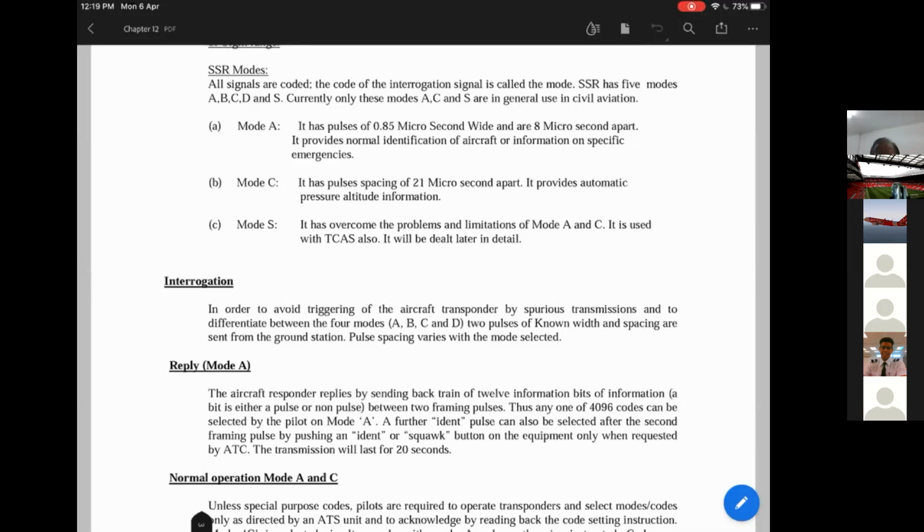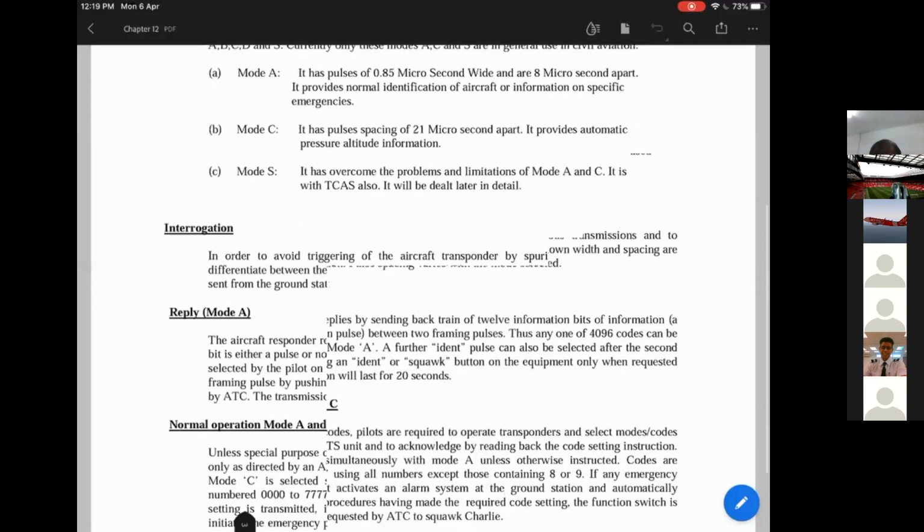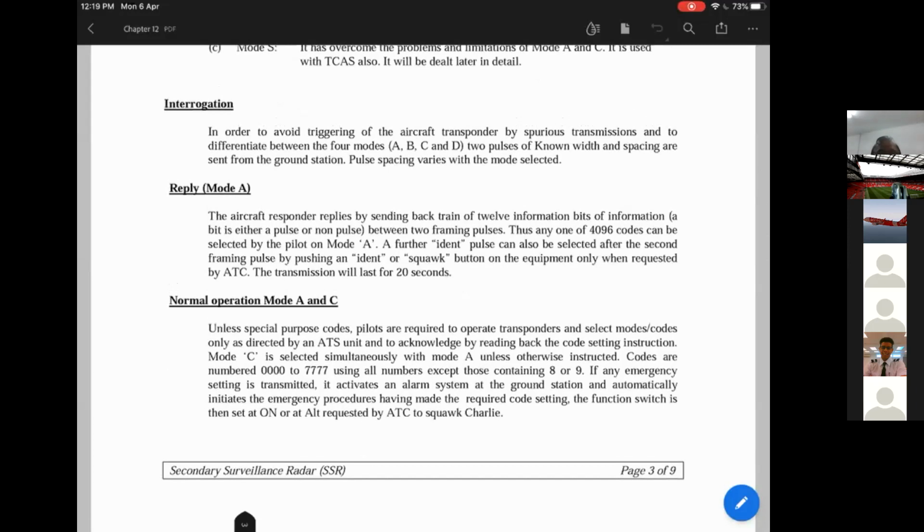You should have a question. Why does the code not contain 8 or 9? See, I said they are starting from 0000 to 7777.